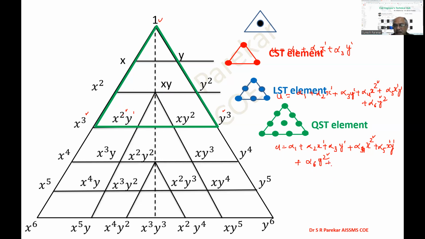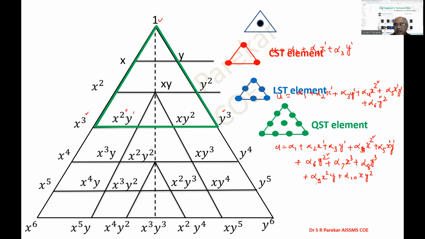Now plus, I have alpha 7 x cube, alpha 8 y cube, which means here we have 3, 3. Now I have to consider both these terms, x square y and xy square. One term I cannot consider, and therefore we get alpha 9 x square y and alpha 10 xy square.